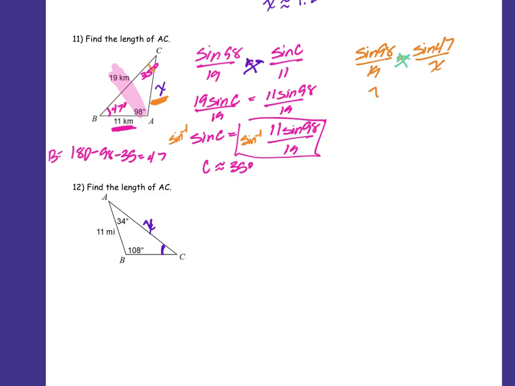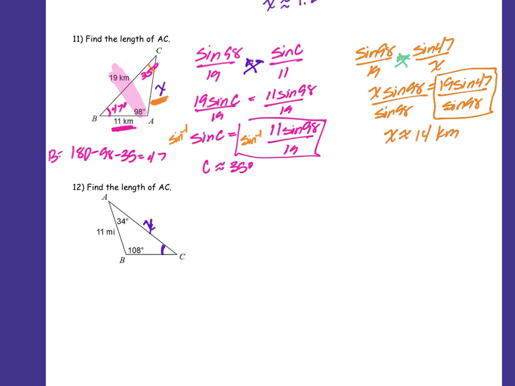X sine of 98 equals 19 sine of 47. I want X by itself, so I'm going to divide by sine of 98. I put this in my calculator, and X is approximately equal to 14 kilometers. So this is my answer. My sides are given in kilometers, so I need to make sure that I label my sides. So it's 14 kilometers. Okay, awesome.